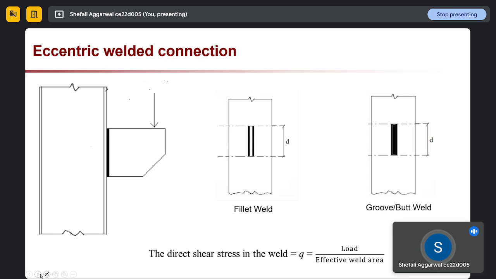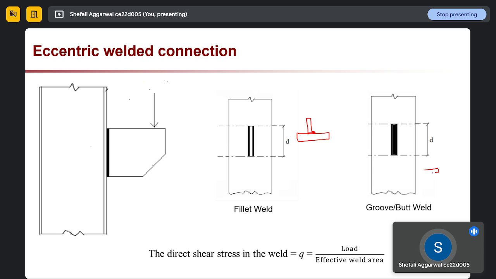So this was the eccentric bolt joint, and next is the welded connection. In the same way, we will see if we have fillet weld or butt weld. So two types of welds are there. You remember fillet and butt weld, no? If the two plates are connected in this way, then it is a fillet weld.